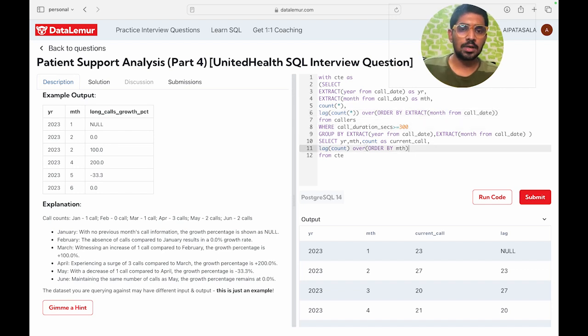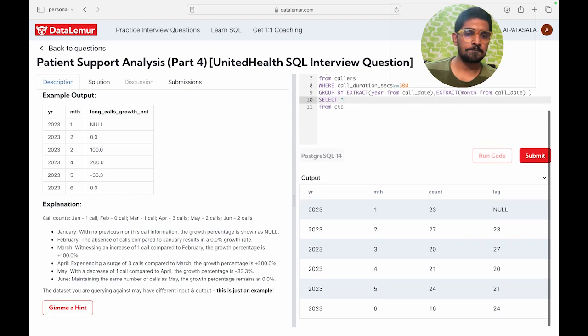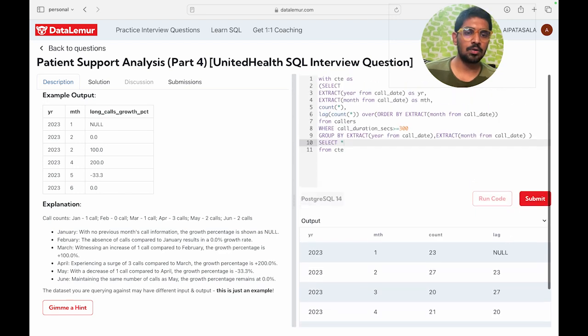When we get star other than this, yeah, we got the previous month as well, count and lag.